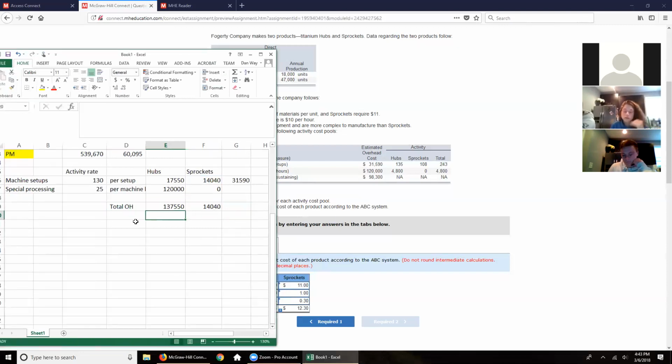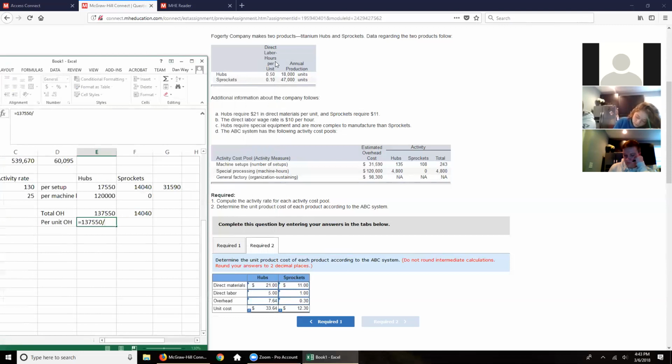Right. So what we'll do then, per unit overhead, is take this total cost we've applied, 137,550, and divide by the number of units we produced of the hubs in this particular period. So up at the top here, they told us that was 18,000 units.